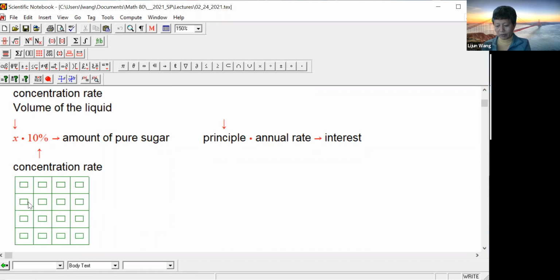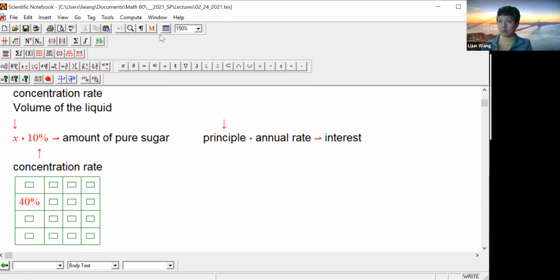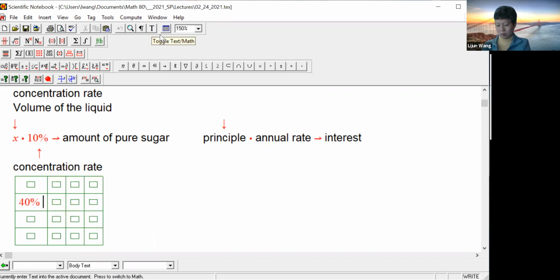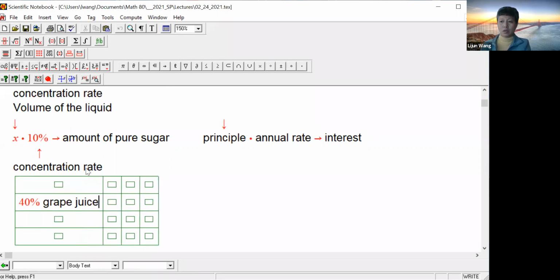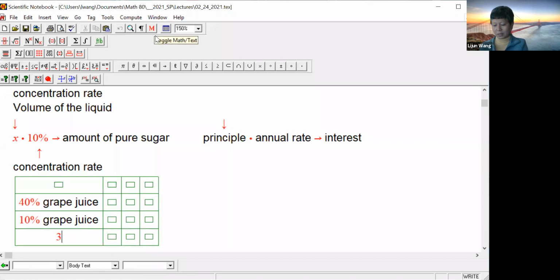We have a 40% grape juice, mixed with 10% grape juice. And our mixture is 30% grape juice.